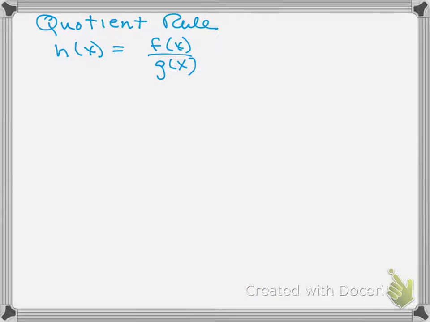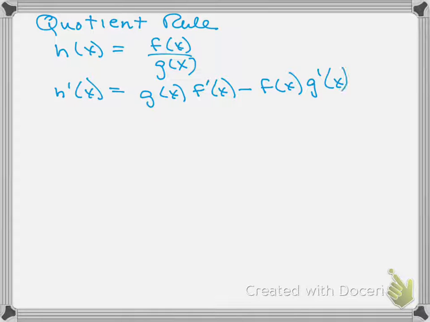Okay, so let's quickly review the quotient rule. If you have a quotient, which is a fraction, and you want to take that derivative, we say the following. H prime of x equals low, which is the bottom, d high, minus high d low, all over low squared.